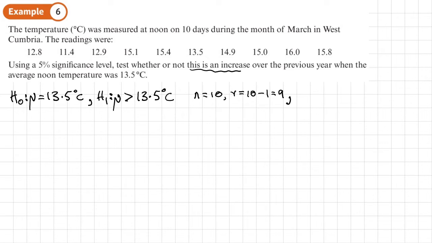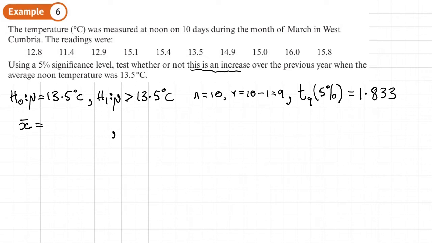And we're testing at the 5% significance level. It's a one-tailed test, so it's going to be 5%. So we can use that to look up our critical value. And the table tells us that that's 1.833.